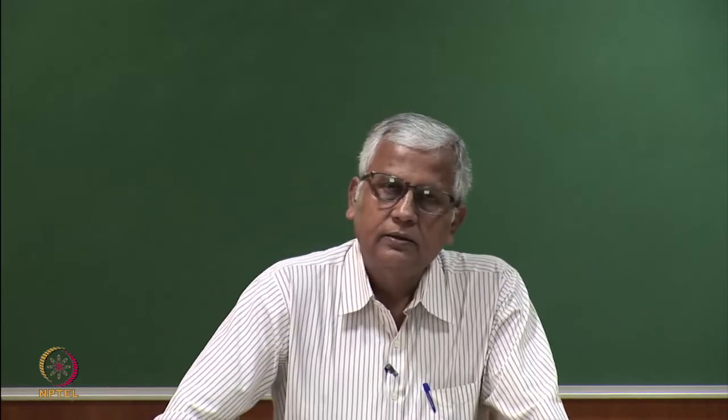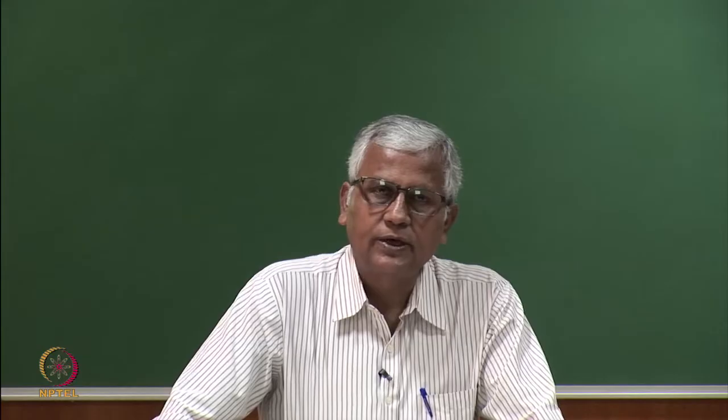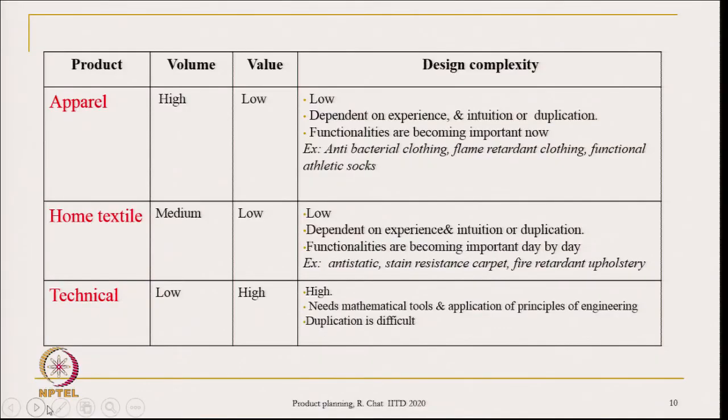Okay. Next category of products are home textile products. The home textile products volume wise is medium. So, there is not much that we produce. So, volume wise medium, value wise also low, they are not very costly.